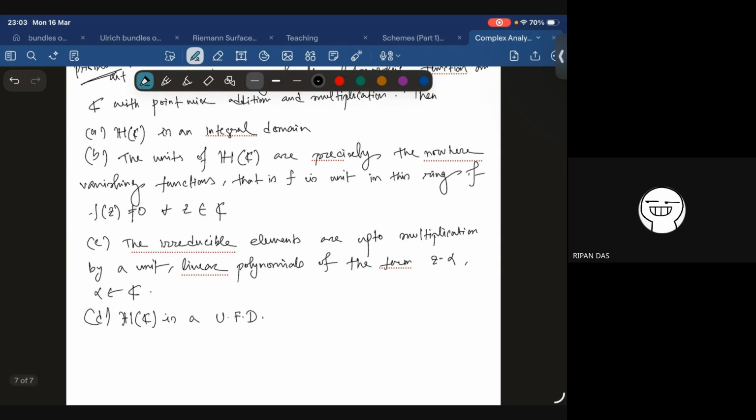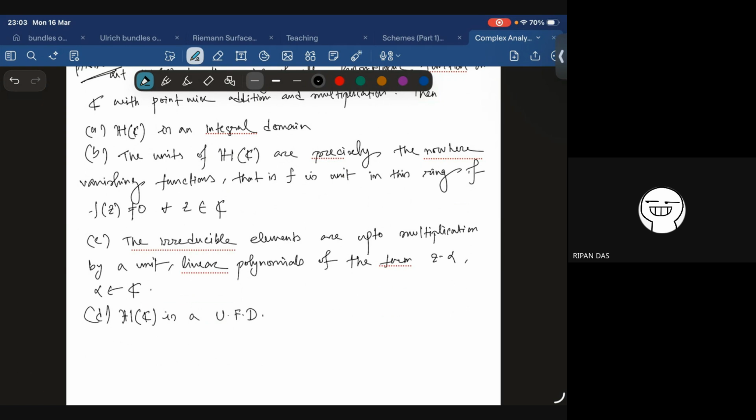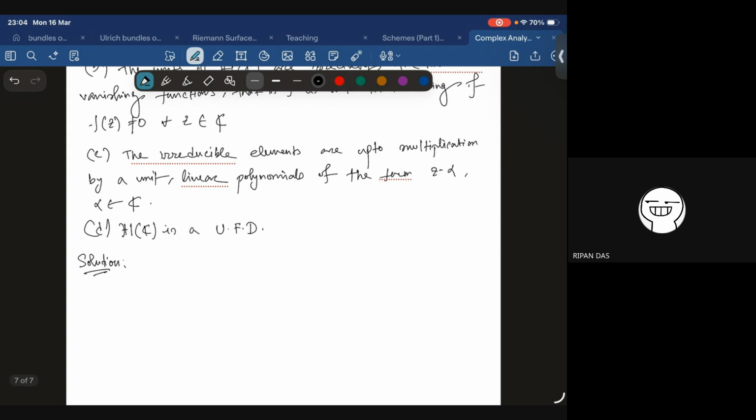Okay, let's say, is H an integral domain? Let fg equals 0.